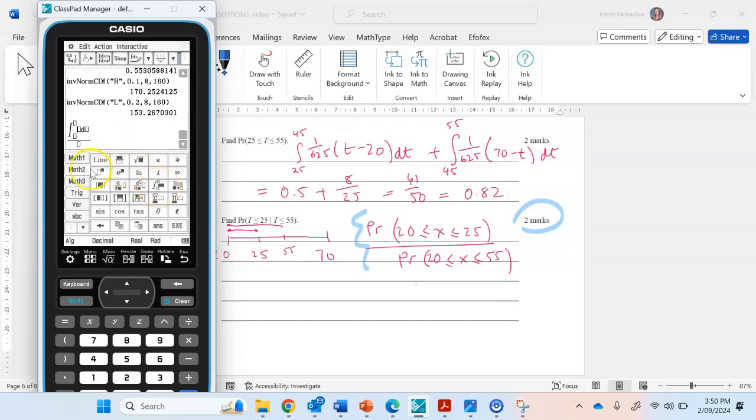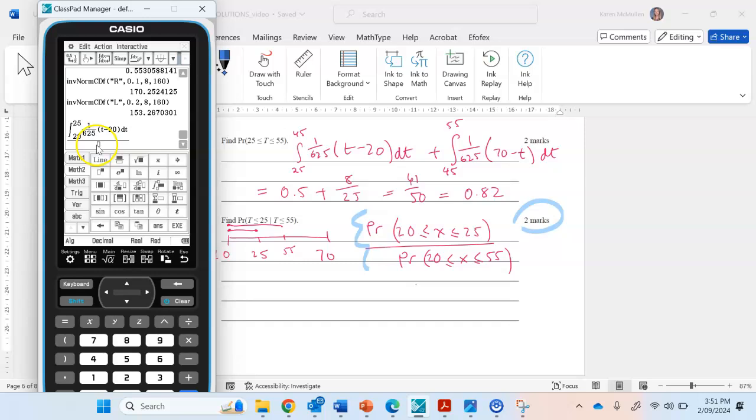There we go. All right, we're going from 20 to 25. And just make sure you do the correct function. So we're going from 1 to 6 to 5. And I'm just going to, I'll use t. T minus 20. And that's dt.